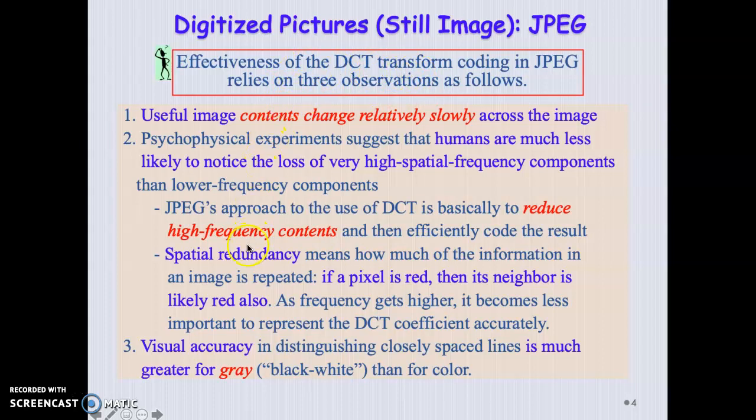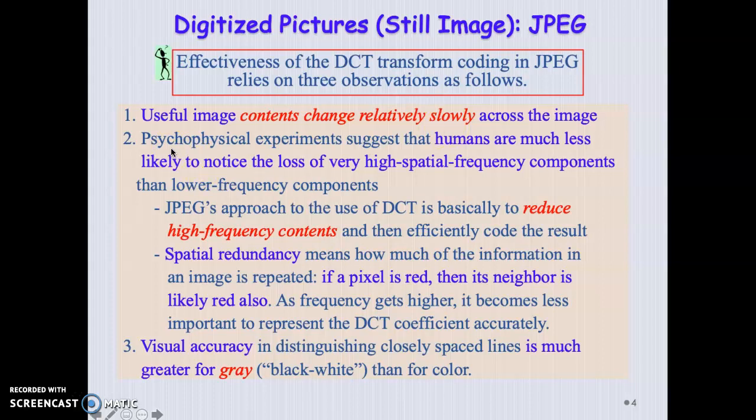There are three observations. Why do you use the DCT transform instead of WHT or any other transformation coding? Because it is useful for image content which changes relatively slowly across the image. Although DCT is much more complex compared to WHT, the content changes relatively slowly, so it will produce a smooth image.